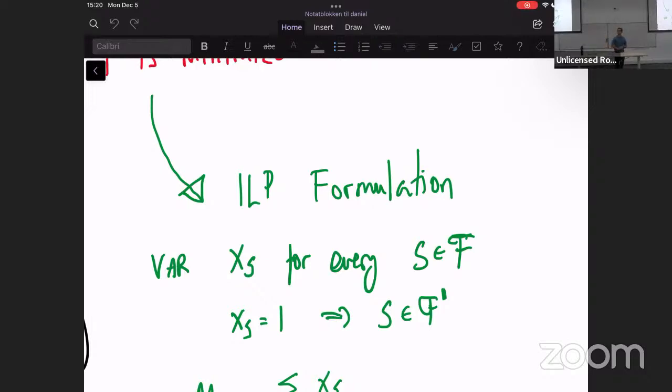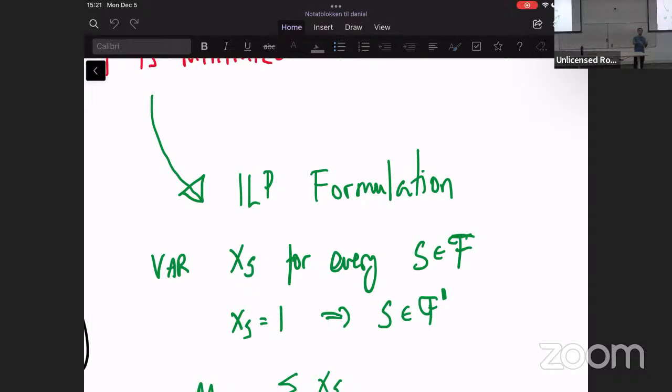So a suggestion for constraints that will enforce this. Yeah. For every element, the sum of x_S's such that this element is in S should be greater than or equal to 1. Yes. So for every element, we should pick at least one set that contains that element.